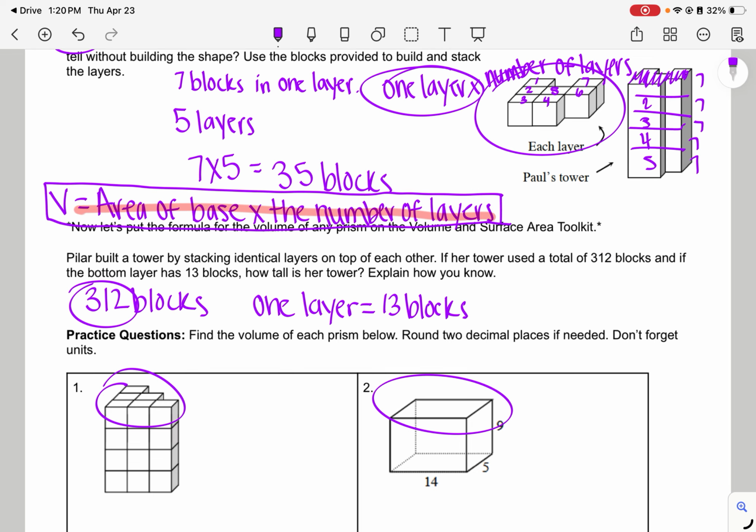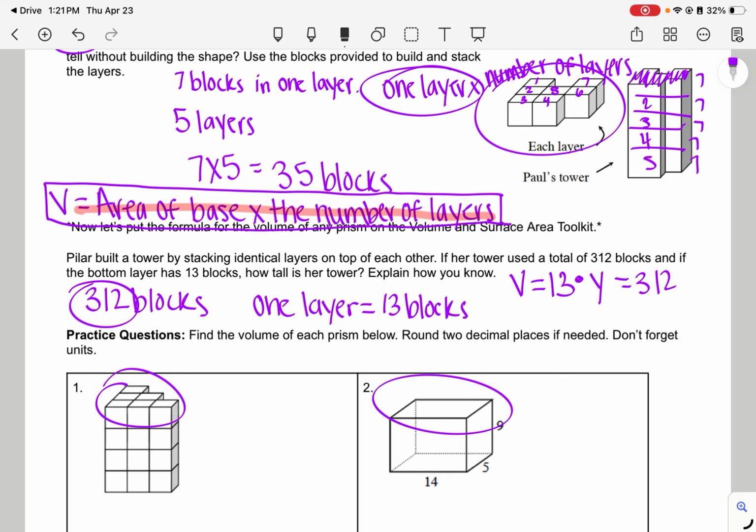So instead, an easier way to do that would be to say, okay, we know the volume is the area of the base, which was 13, times the number of layers, which we don't know. So I'm just going to call that y, because if I write x, it still looks like a multiplication sign here. We're going to write 13 times y equals 312.